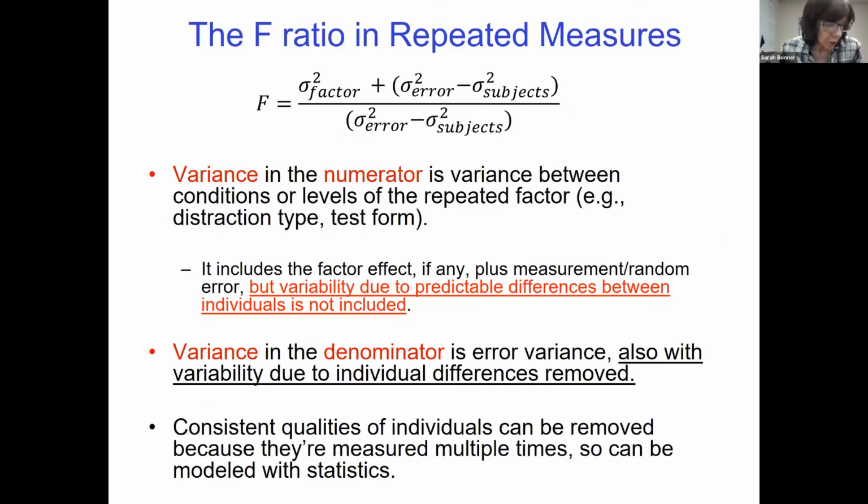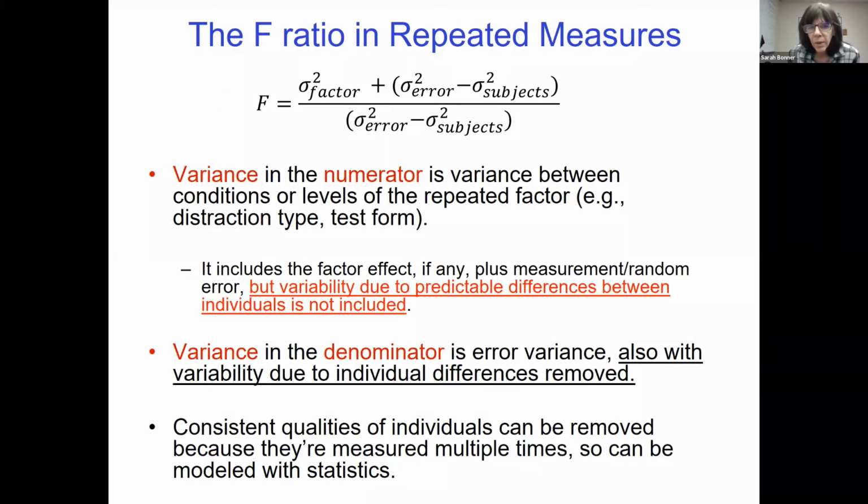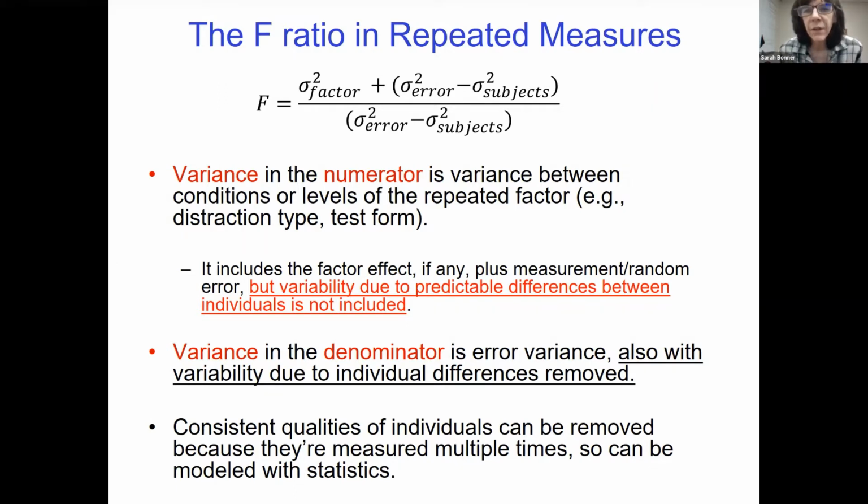So the F ratio, which is what the overall test in a repeated measures is, the F statistic is what the analysis is tested against, is the variance due to the independent variable divided by an error term. Now, the variance due to the independent variable, the numerator, includes various kinds of random error.